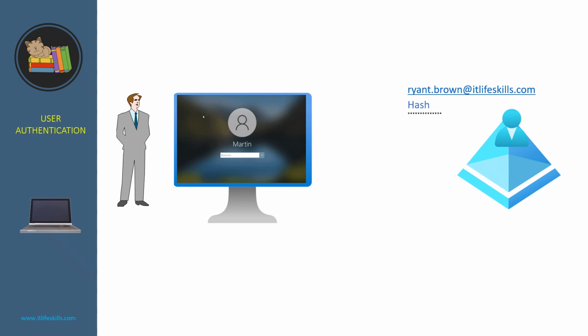Now, let's go through the Entra ID device registration process. As you know, to register a device, the user can still log in with the local computer account. In this case, Ryan will log in with his account Martin, which is local to the computer.